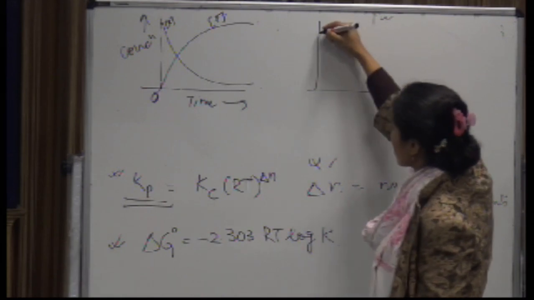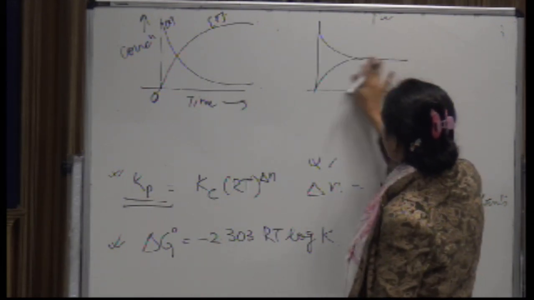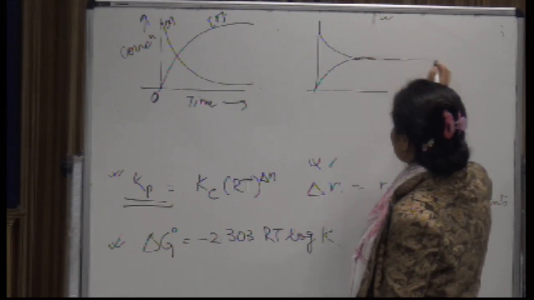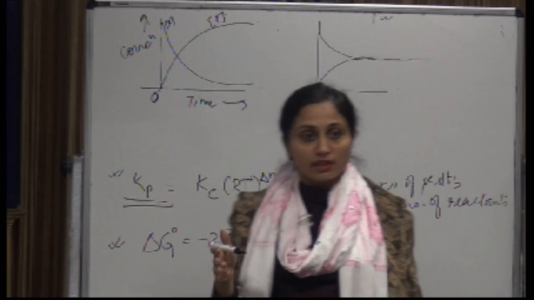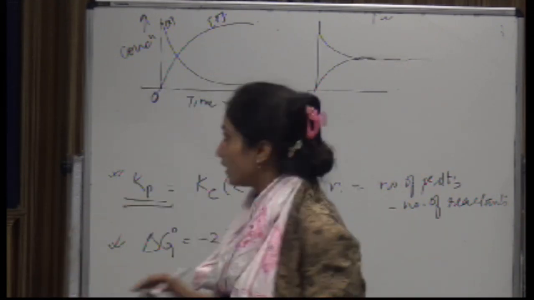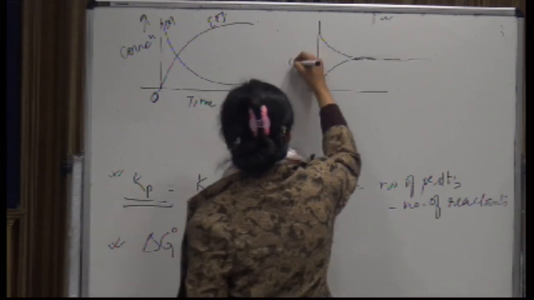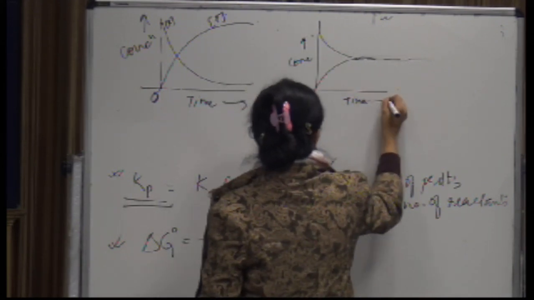So sometimes it is also represented like this, where you have a common line like this. This will be showing the state where your concentrations may become equal for the reactants and the products and they have attained some kind of an equilibrium. So this can also be shown for that. So remember this also very clearly.